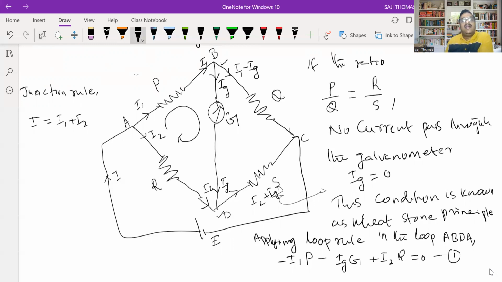Now I'm applying the loop rule in the loop BCDB. In this way, I am moving clockwise, BCDB.